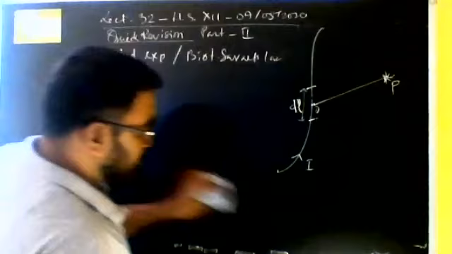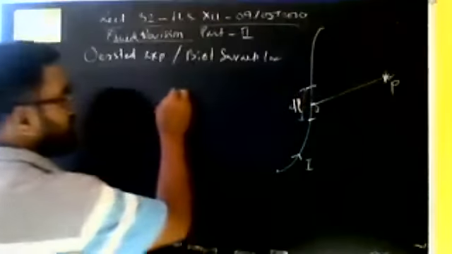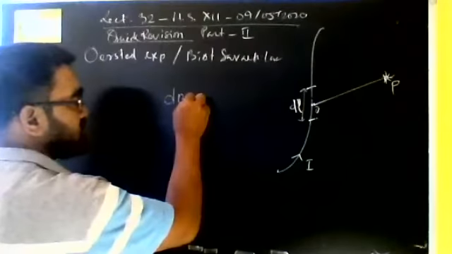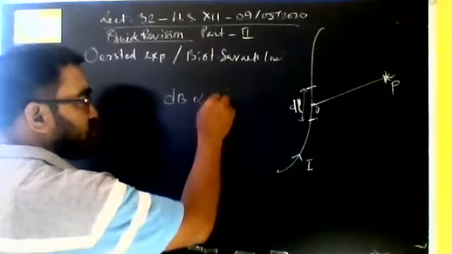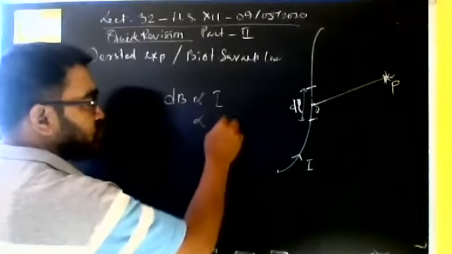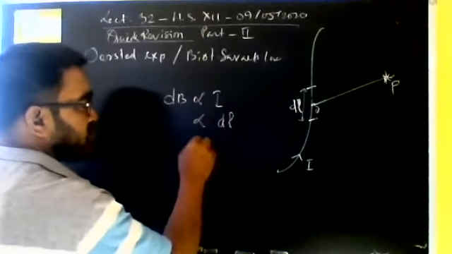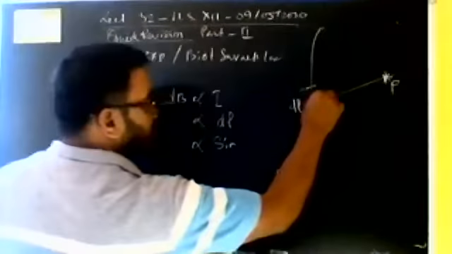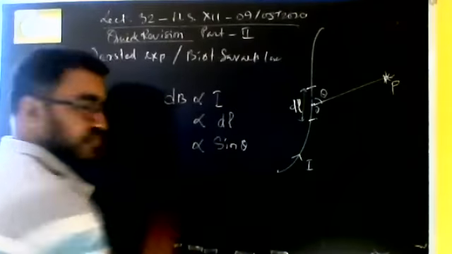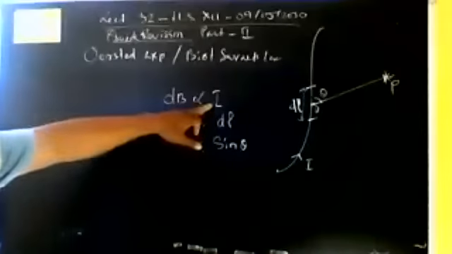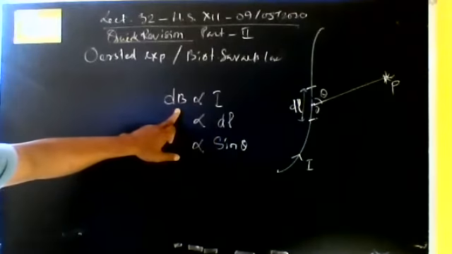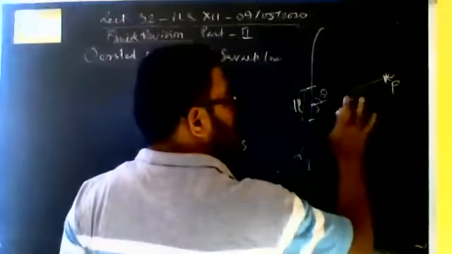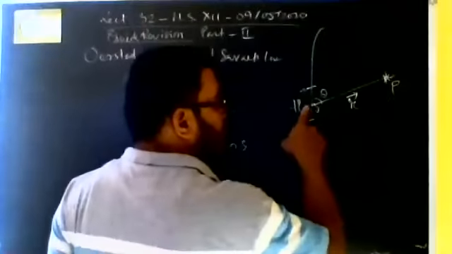If the magnetic field at this point is dB, then the magnitude of the magnetic field is directly proportional to current, directly proportional to the elementary length, and directly proportional to what? To the orientation, if this angle is theta, sine of theta. So the magnetic field value depends directly on all these three factors, but one more factor is there, which is the position vector from the point O to P.